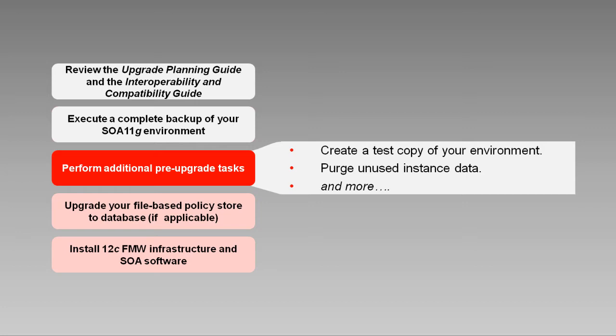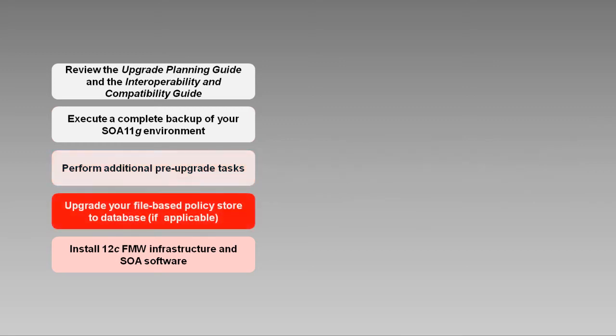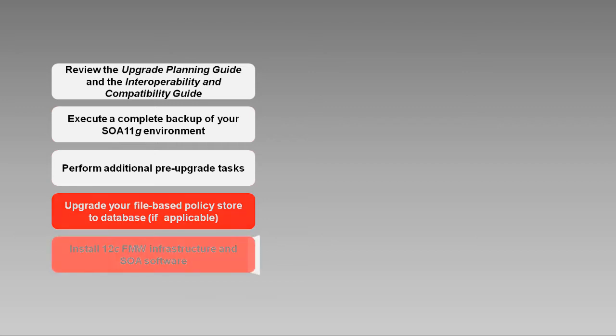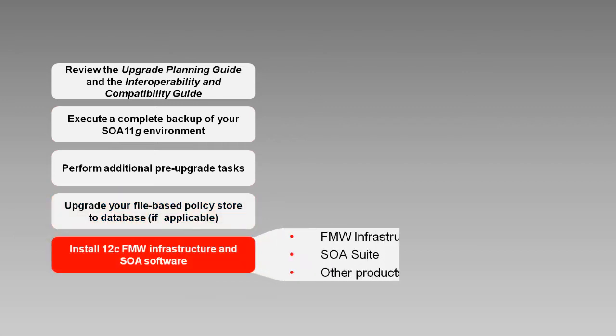If you're using a file-based policy store, you'll need to take steps to create a database repository because SOA 12c doesn't allow file-based policy stores. Next, you'll need to install the 12c software in a folder different from the folder in which the 11G software is installed. If you're using SOA integrated product distributions such as Oracle HTTP Server or Oracle Service Bus, you'll need to install those as well.